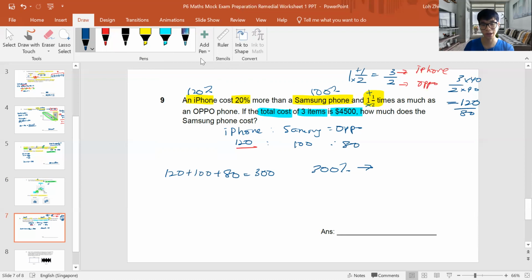Means that now 300% is actually equivalent to 4,500. Now, the question asking, how much does the Samsung phone cost? Okay, Samsung we know is 100%, right? So we just divide by 3. So 100% is 4,500 divided by 3, and that is equivalent to 1,500.